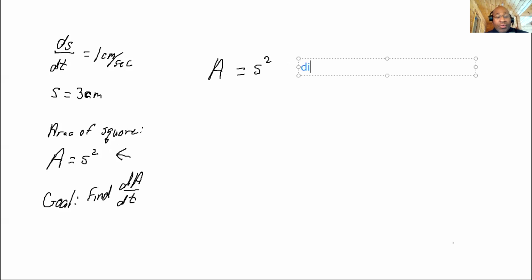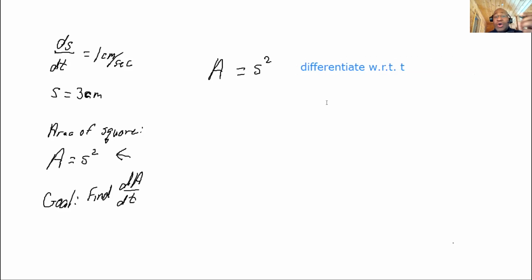And then we will differentiate this with respect to t. Now, since t is not a variable that's in the equation, we're going to be using implicit differentiation here.